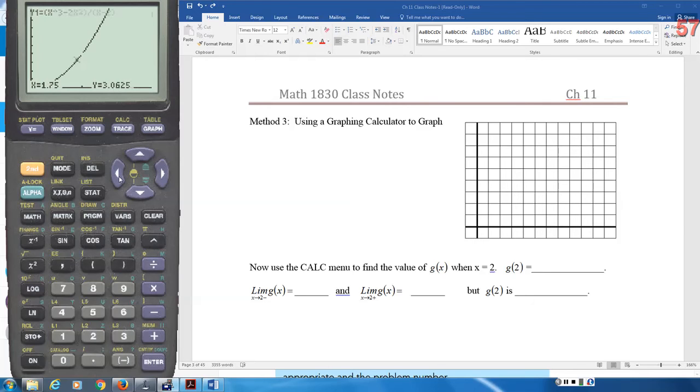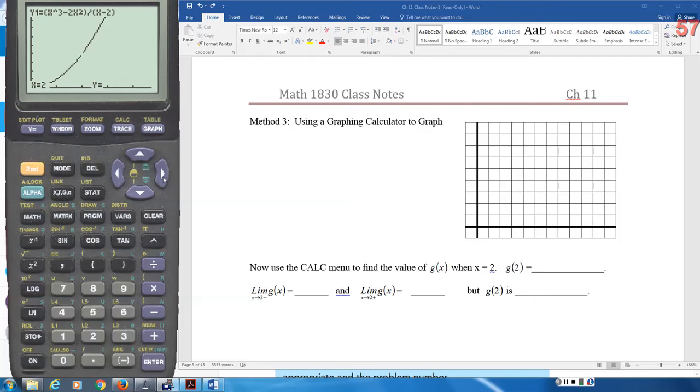And if I come from the other side and I try to get closer and closer to 2, I fell in the hole. That function doesn't exist at x equals 2. And the graph's showing you that.